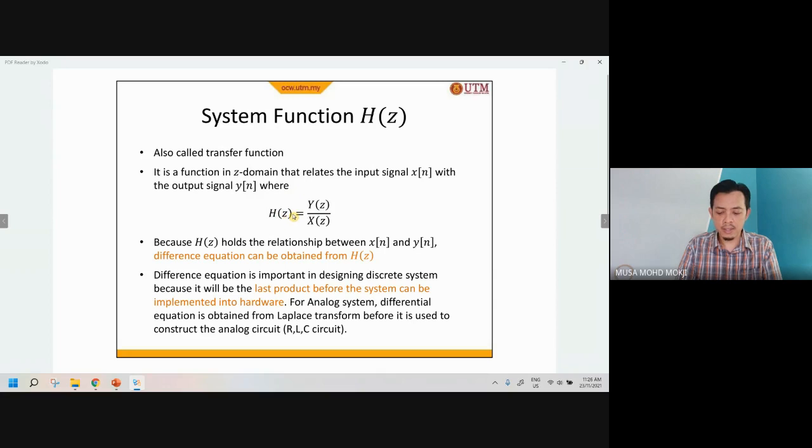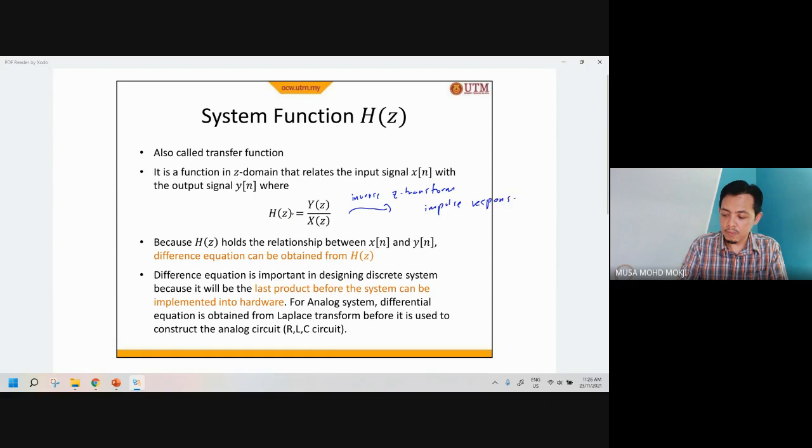Actually, H(z) you can convert by doing the inverse Z transform, and what you will get is the impulse response. So the system function is just the Z transform of our impulse response.